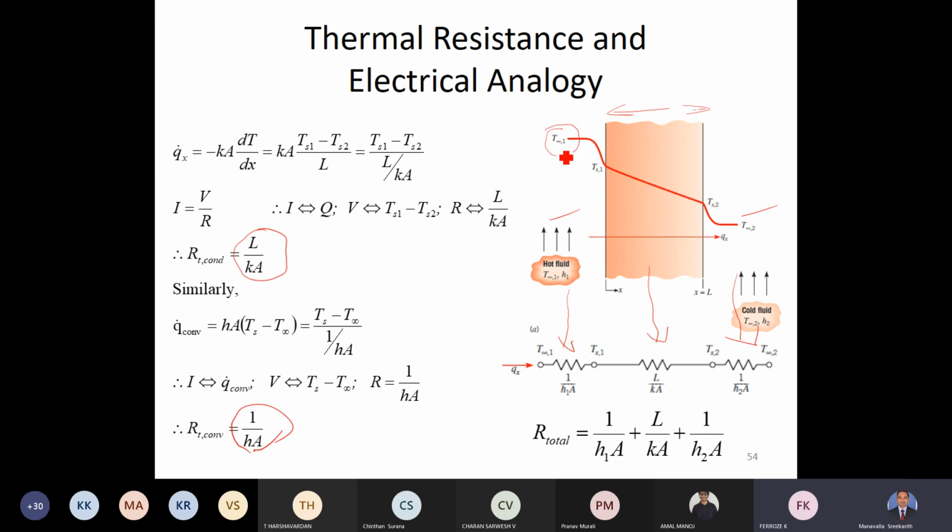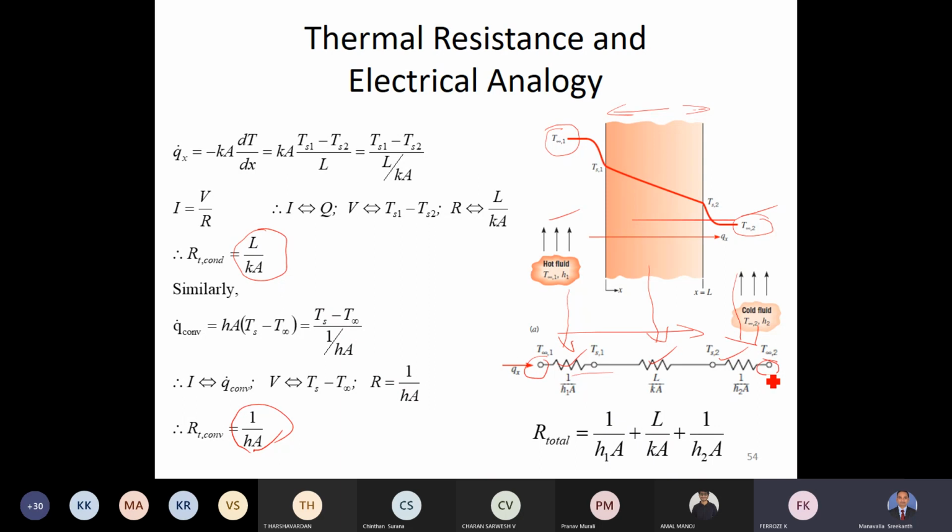The extreme temperature is T infinity 1 on the left hand side and T infinity 2 on the right hand side. From this graph I can tell that T infinity 1 is greater than T infinity 2, therefore the heat transfer will take place in this direction, and for this heat transfer to take place there are three resistances to be overcome. This is what we have seen in the last class.